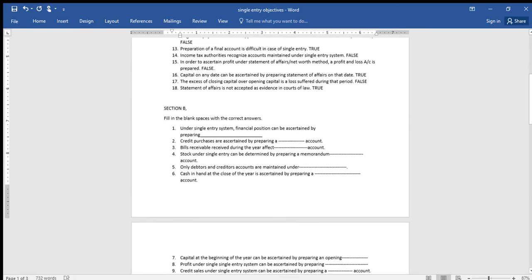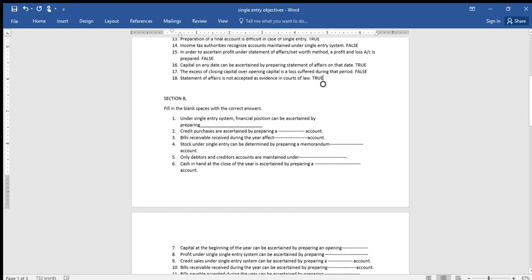Section B, they are telling us to fill in the blank spaces with the correct answers.